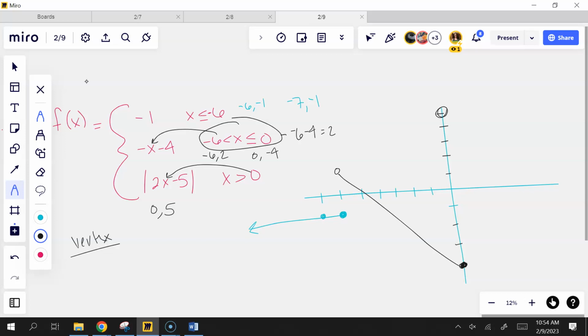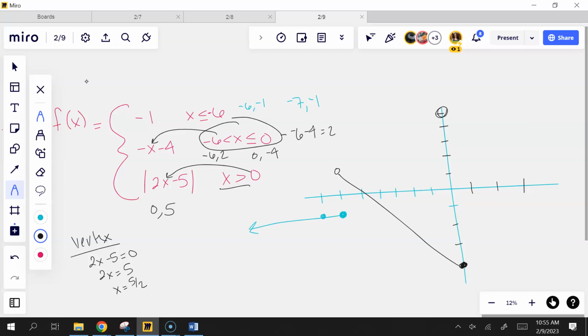I need to decide. So what's the vertex? Two and a half. Where is 2.5 on my graph? Between 2 and 3. Is that in this restriction? Yes. So I need to use the vertex.